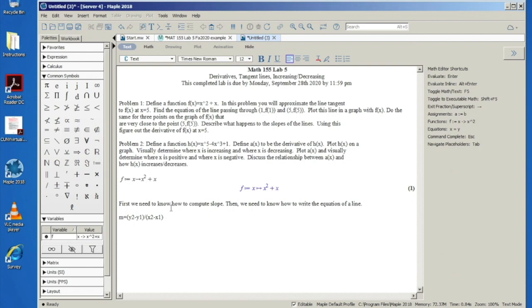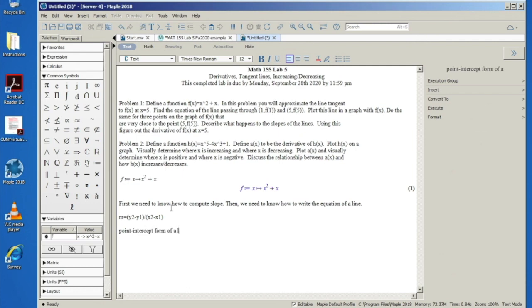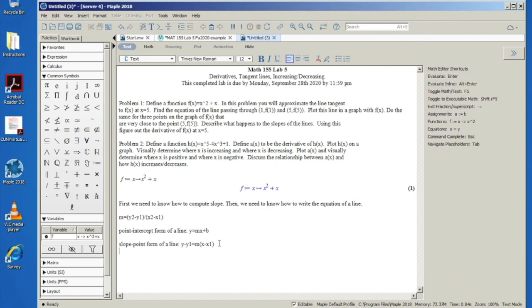And you also need to remember either the slope-intercept form of a line, which is y equals mx plus b, or the point-slope form of a line, which is y minus y1 equals m times x minus x1. Here, y1 and x1 are any two arbitrary coordinates that fall on the line.